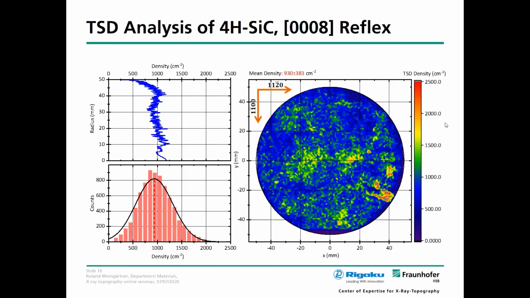Doing so, you have here a concrete example of such a 4H silicon carbide wafer. You can make these colors with respect to the density, and you can also calculate the mean density here. This is now below 1,000, for instance, or you can make statistics, a radial distribution, or see how your density is distributed over the wafer.